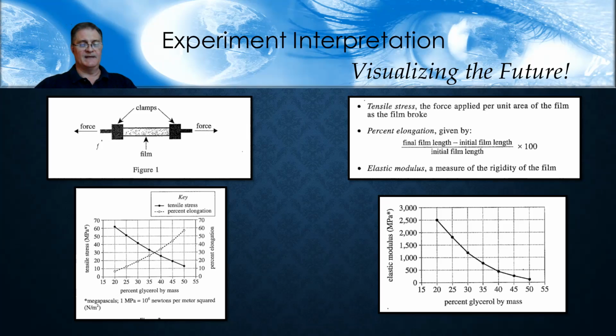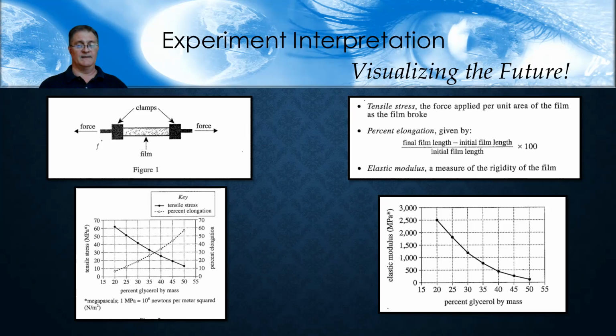We are increasing the amount of glycerol from 15 to 55. Now, as we increase the amount of glycerol, what happens to percent elongation? It increases. So therefore, it's suggesting at this point that glycerol is the chemical component that permits that film to stretch.